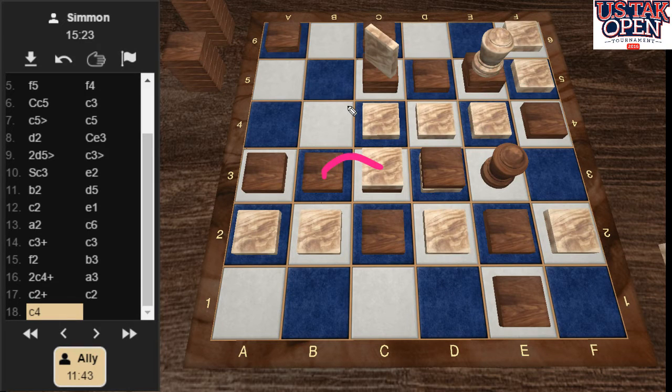Bring B3 onto here. And with that, this C2 would essentially be kind of hanging. No great moves exist in there as far as I can see. There are definitely still good moves though.